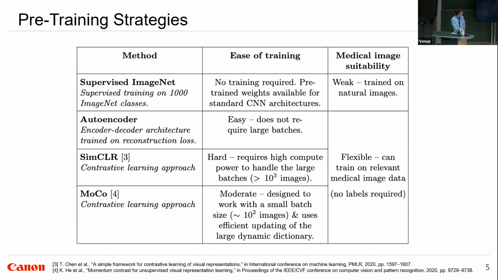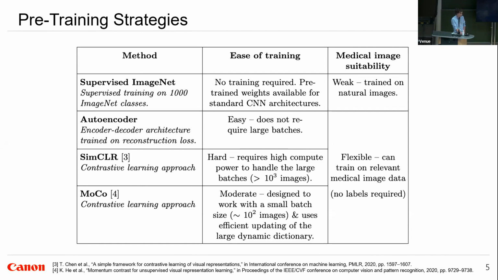While the three methods below are the autoencoder, SimCLR and MoCo. The first one, the autoencoder, is quite easy to train, does not require large batches, and is trained on a reconstruction loss. SimCLR and momentum contrast pre-training are contrastive learning approaches. SimCLR requires very large batches, larger than thousands of images, while MoCo is designed to work also with smaller batches.